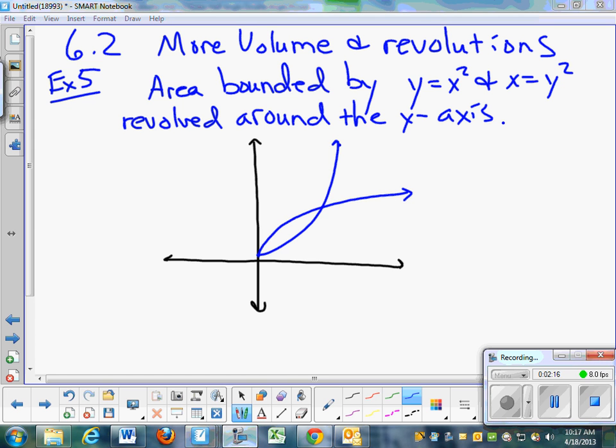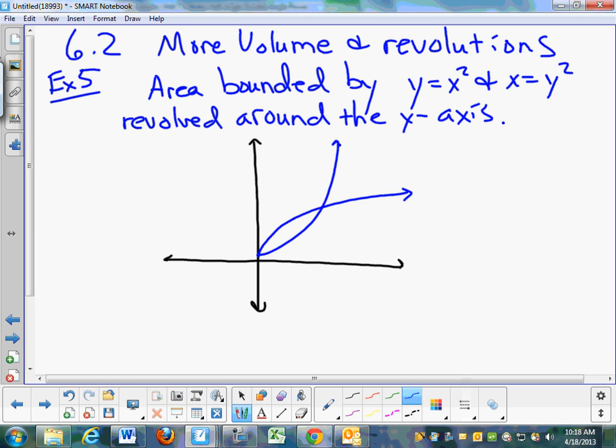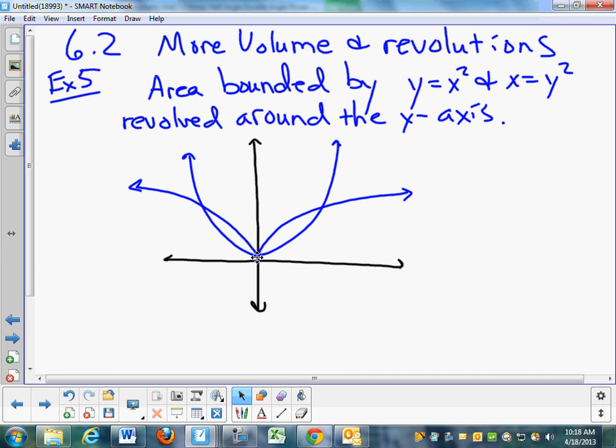Now, I'm going to take this and I'm going to revolve it around the y-axis. So I'm going to get this type of shape. Everybody agree that that's what I got?